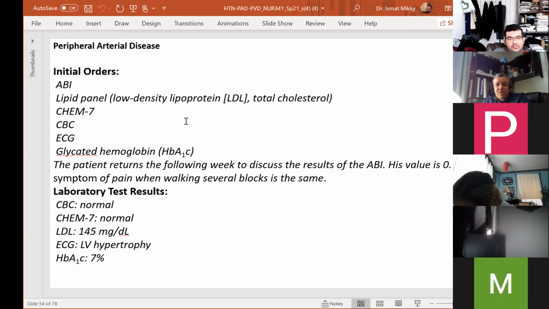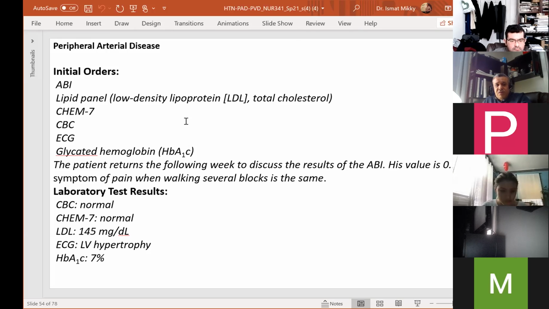Okay, I understand. So the scenario unfolds, and the patient's CBC came back as normal. The patient's Chem 7 is normal, and the Chem 7 includes seven things, which are the electrolytes, BUN, creatinine, and glucose.